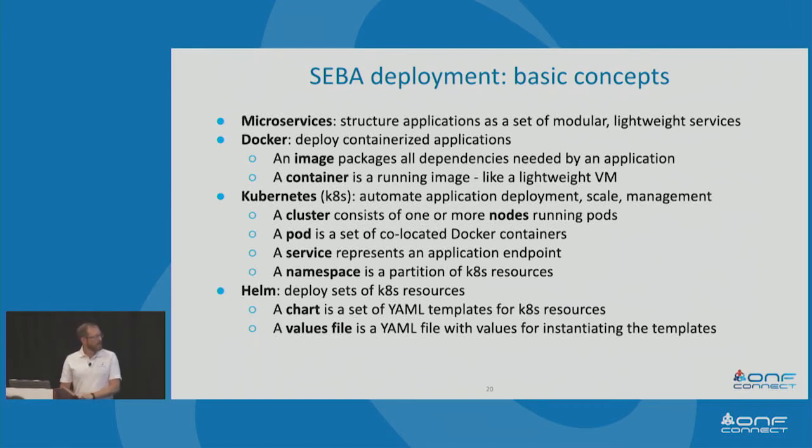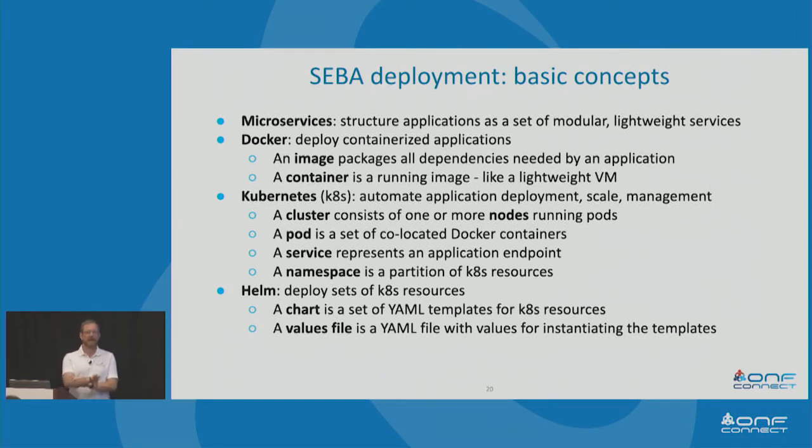So the third tool that it's good to know something about for this lab is Helm. And Helm is a layer on top of Kubernetes, and it lets you deploy sets of Kubernetes resources. So Helm uses charts, and charts are basically a set of YAML files, YAML templates, that describe Kubernetes resources.